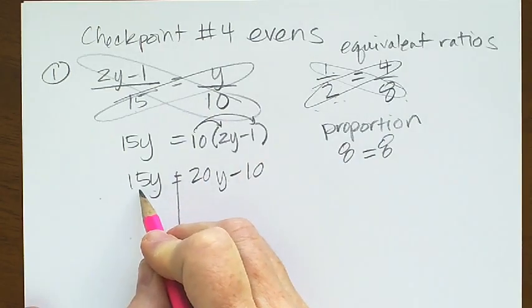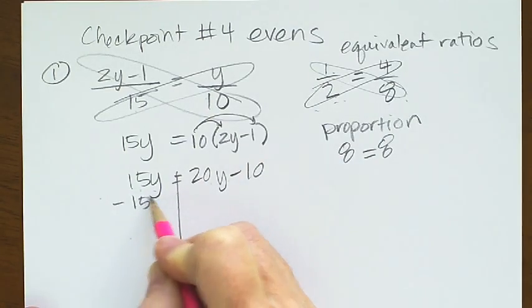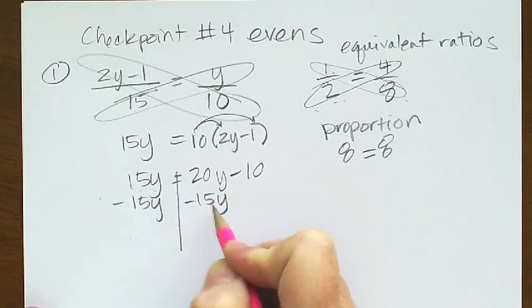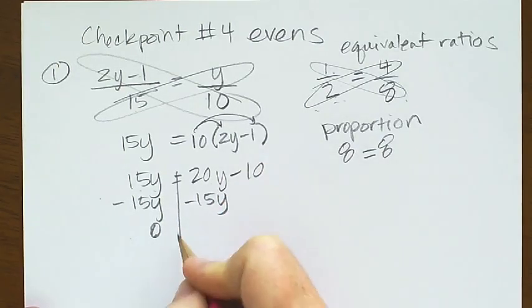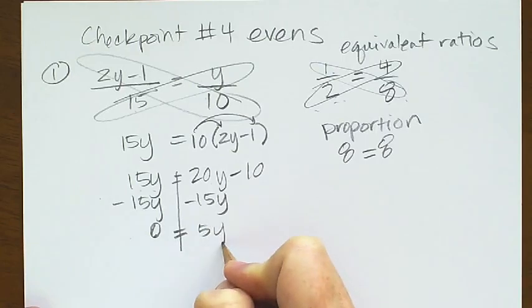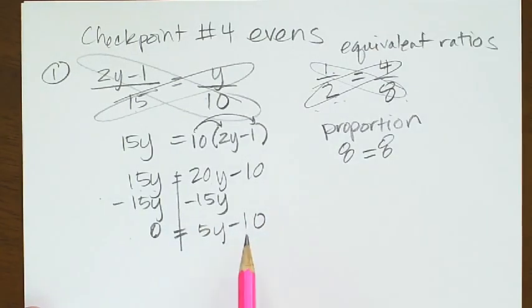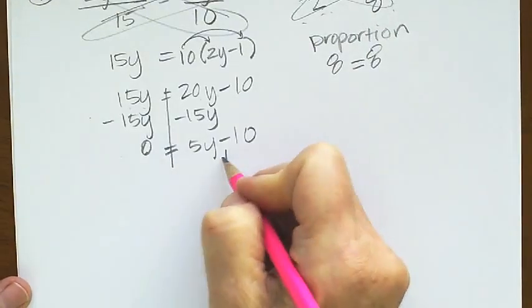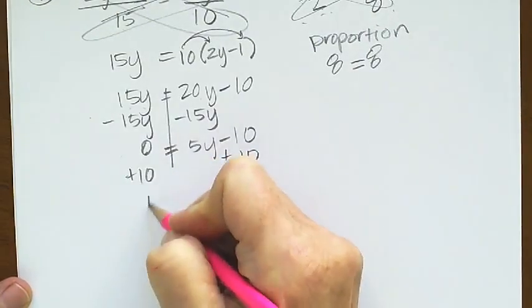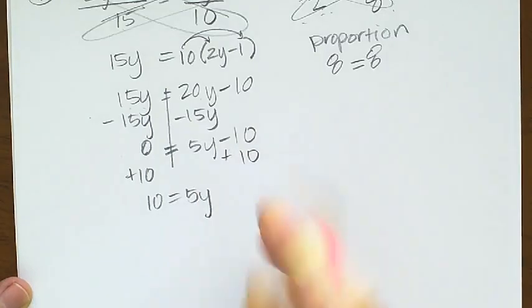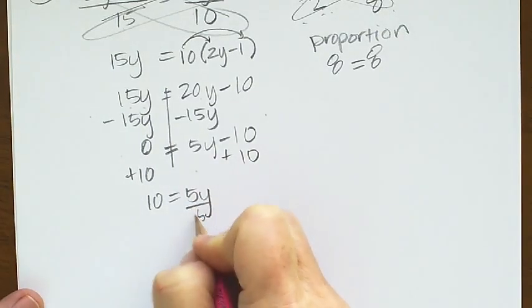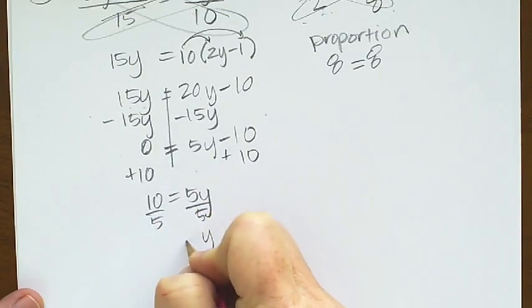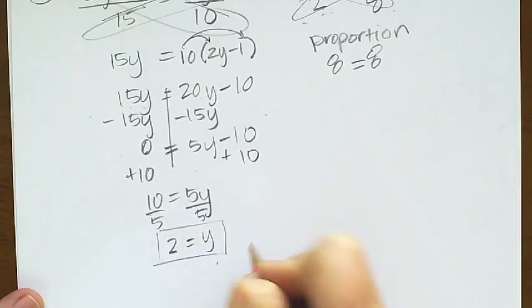I could just get rid of the smaller one by subtracting 15y from both sides, and that would give me 0 equals 5y minus 10, and then move the 10 over to the other side, which would give me 10 equals 5y. Divide both sides by 5, so y equals 2.